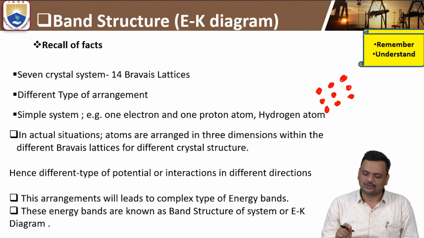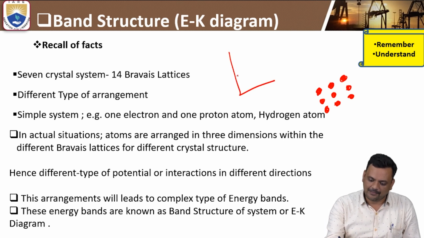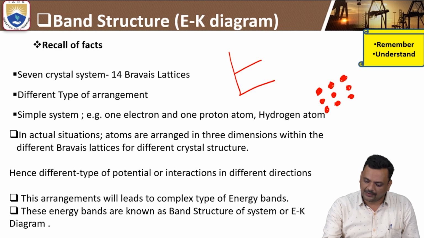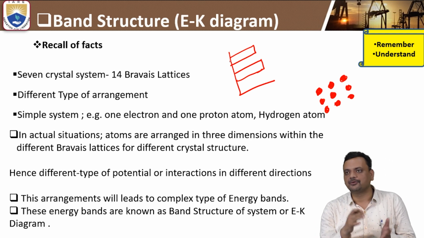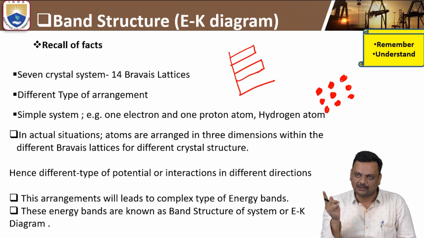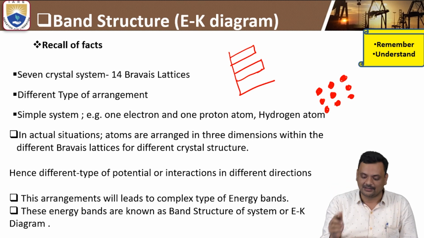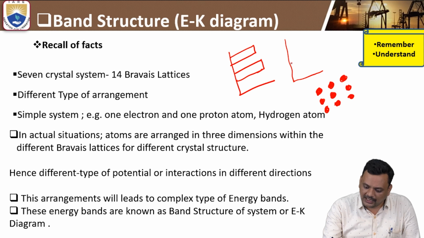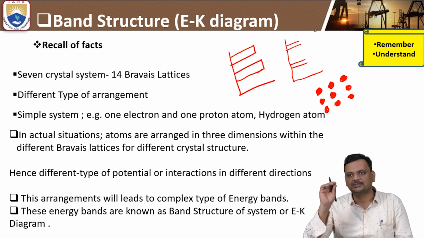The answer is that you can see the effect of the number of atoms and also their arrangement in band structures. If you calculate the Schrodinger equation for 2 interacting atoms, each allowed energy state will come as 2 closely spaced levels.